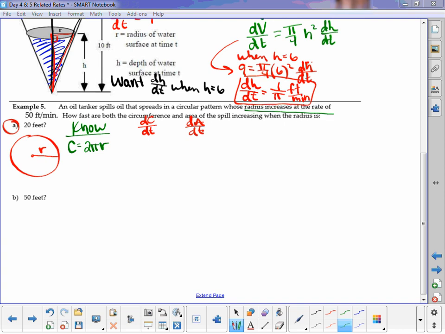Yeah. So we know one of them because it's there. Is circumference. So dA is... actually I got a little number. Oh, very nice. And then we just substitute.